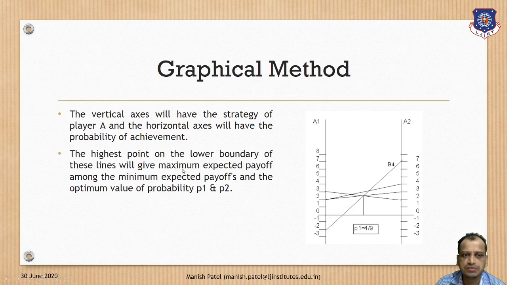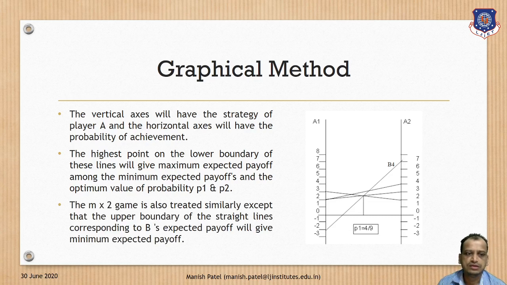Now, the highest point on the lower boundary is the point giving the maximum expected payoff among the minimum expected payoffs, and the optimal values of probability P1 and P2. This is the point where you get the maximum expected payoff. We will look into the example and then you can easily understand this method.